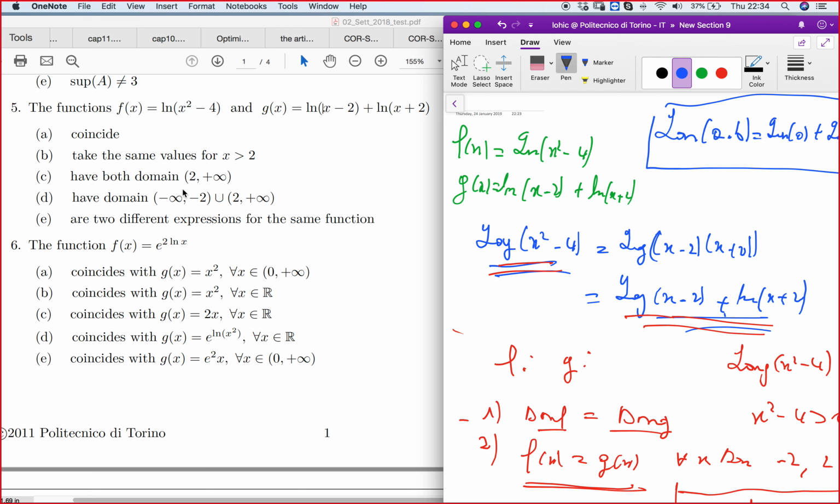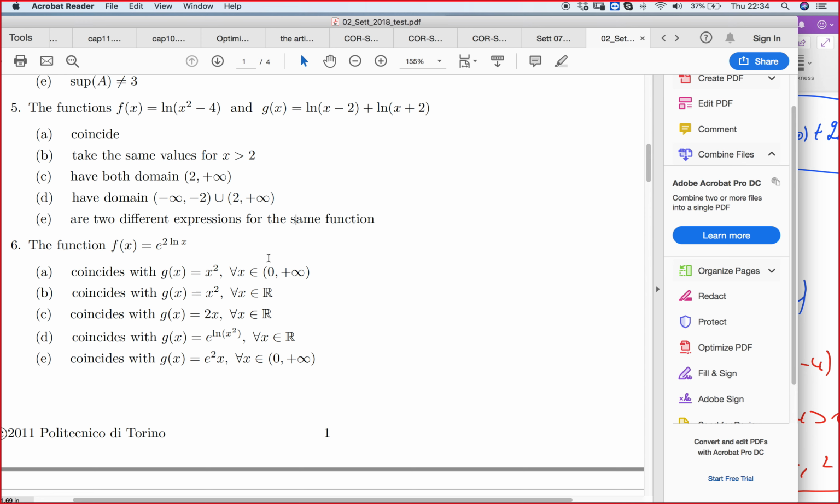Having both the domain which is this, false. Different expressions for the same function, no, they are not the same function. I repeat, talking about the same function, you should have the same domain. Is that clear? Okay.